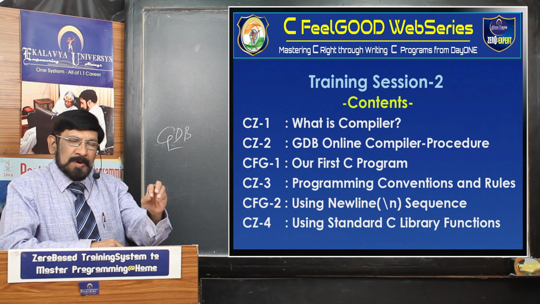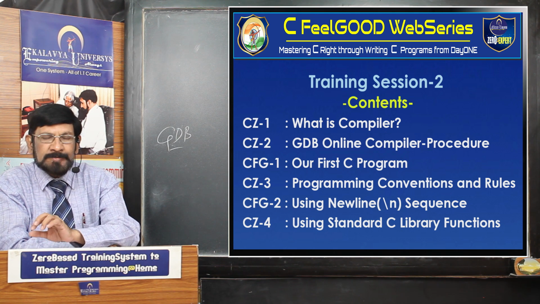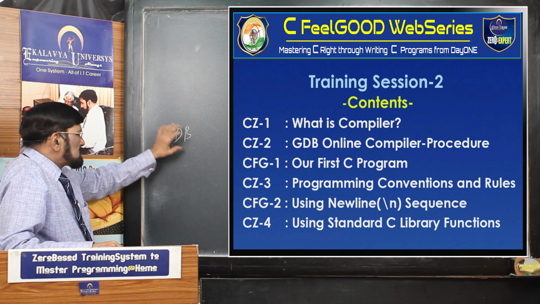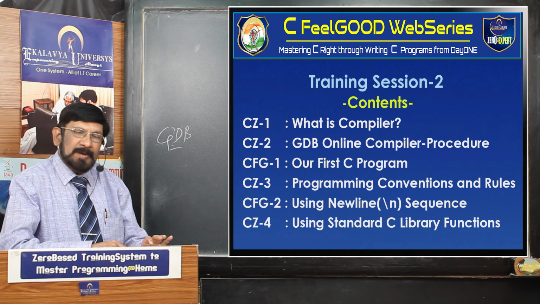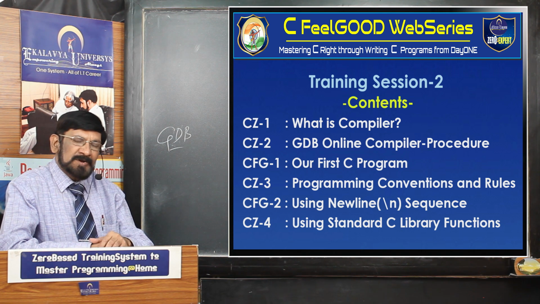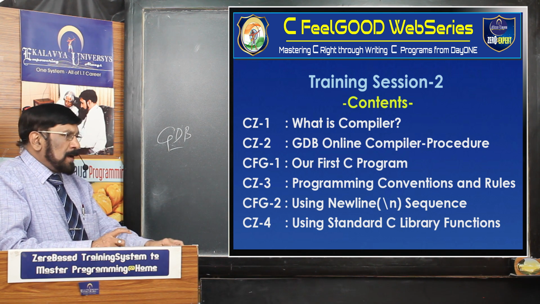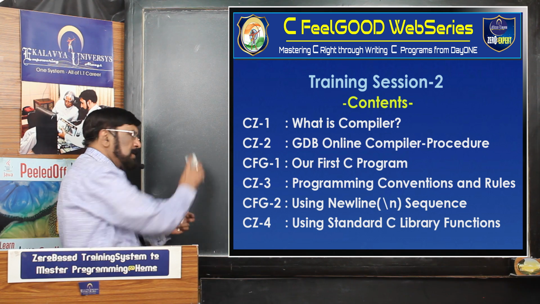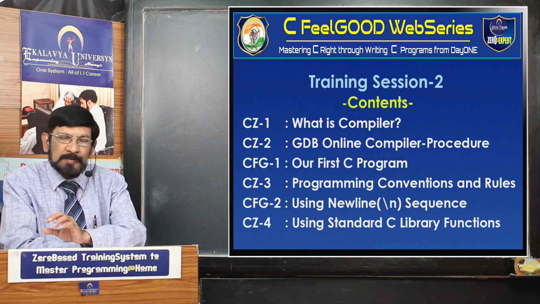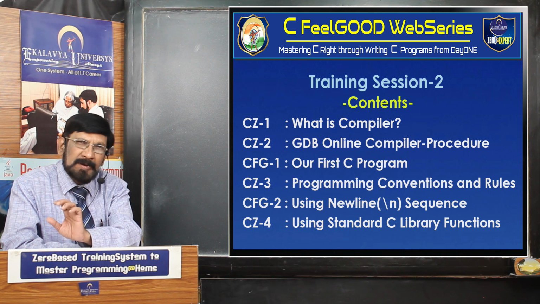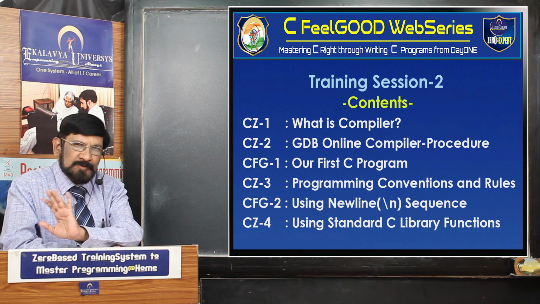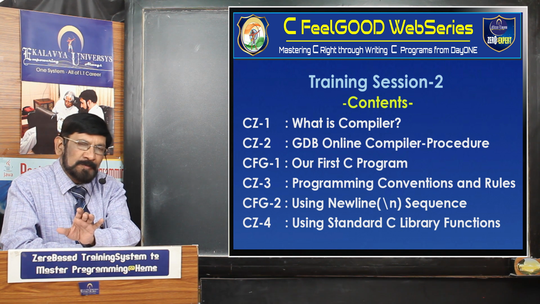If you have to write a Java program, you have to use a Java compiler. But around 20 compilers are supported by GDP Online Compiler. Using this is also much easier than a conventional compiler. That's why I am introducing GDP Online Compiler, and I recommend performing all the programs on it. By that you can save a lot of time. You enjoy it. Of course, that choice is yours. I am just recommending it to you.